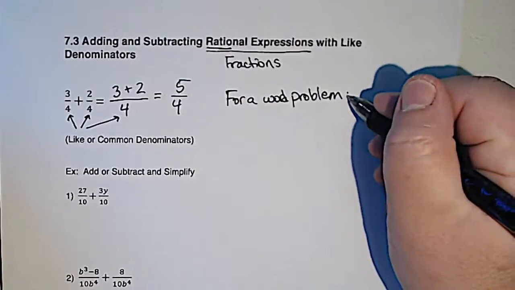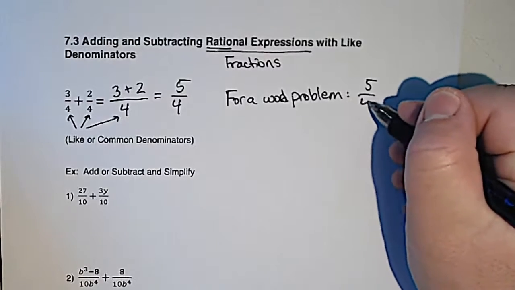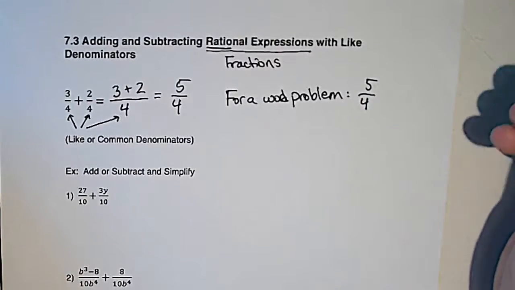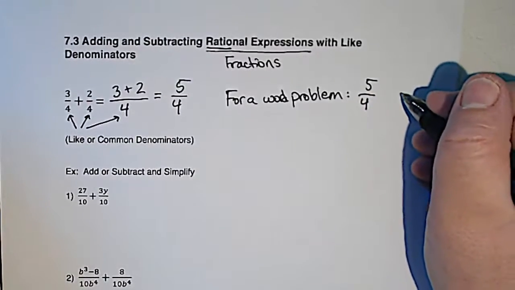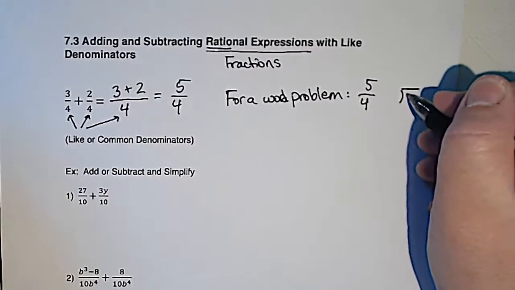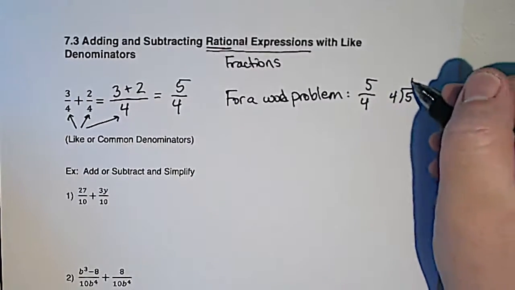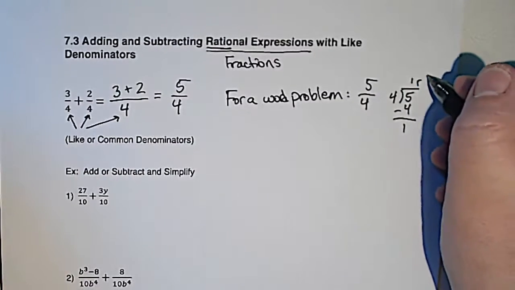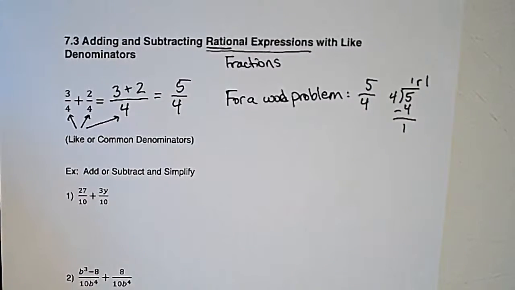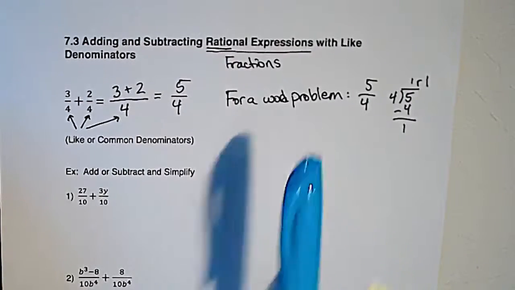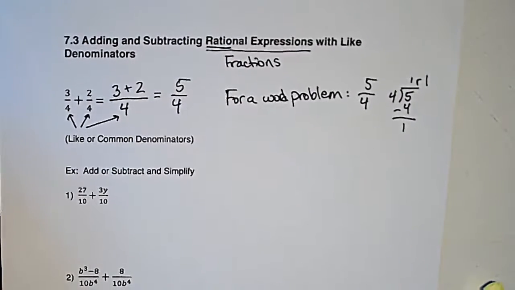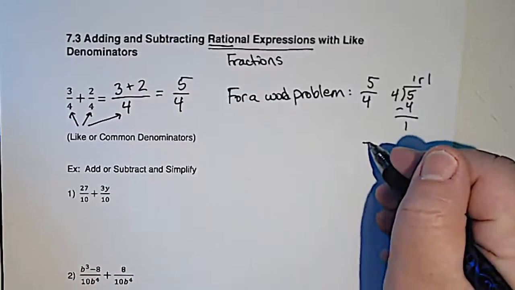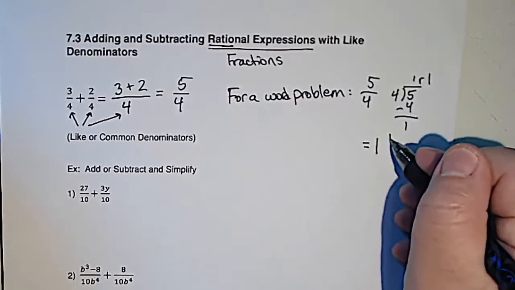So instead, remember what we would do is take 5/4 and divide: 4 into 5 goes once, and we have a remainder of 1. I'm going to need some handy dandy highlighters. Nothing bad can happen when you've got highlighters. And I end up with 1 1/4.